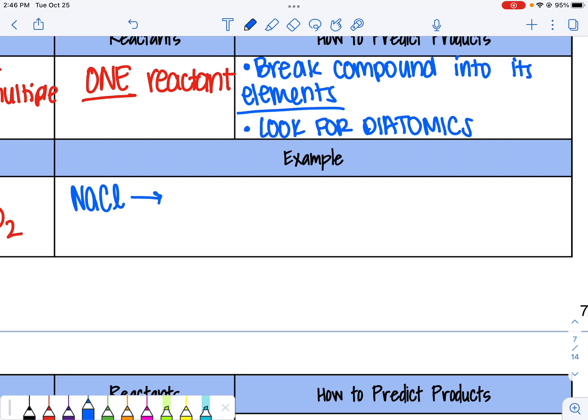If this thing were to decompose and break down into its elements, it breaks down into Na and Cl, sodium and chlorine, but chlorine is a Hofbrinkel, a diatomic element. That means in its elemental form, it exists as Cl2. So you would need to write it like this and then balance in order to fully predict the products correctly. I'm going to leave this example like this. I'm not going to balance it. You can do that on your own and then find another example to include.